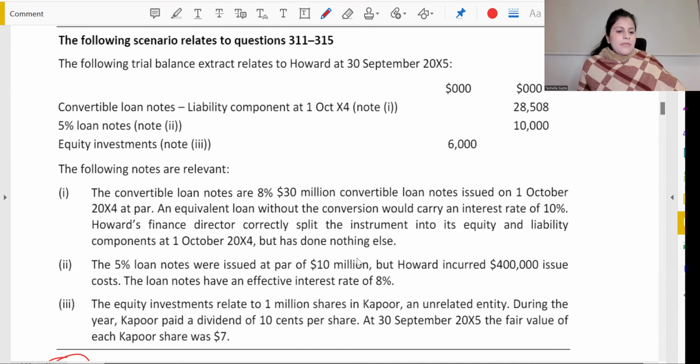Why will it not affect the liability? Okay, Ashish, you're asking about the previous question, why it will not affect the liability? Because closing liability in the question is usually already given to us. Under provision, first it impacts our P&L and then it impacts the balance sheet.